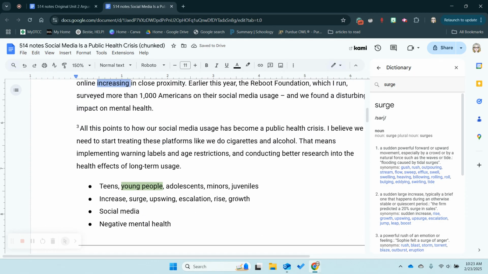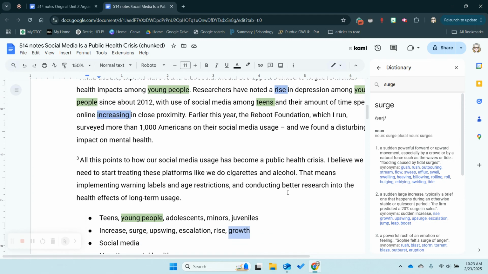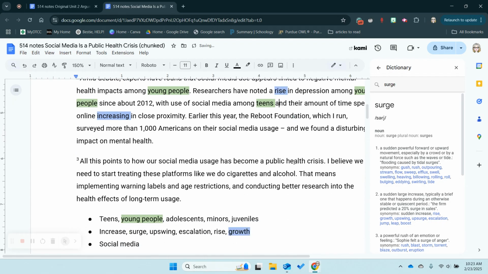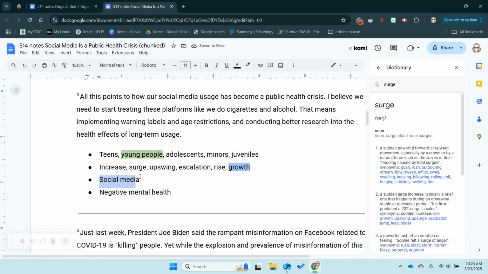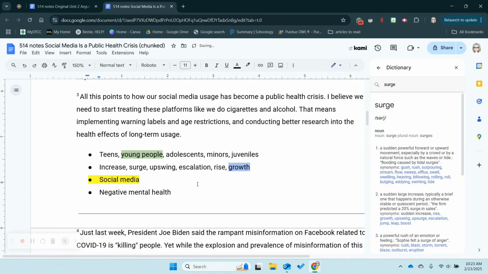Increase, upswing, growth. Does she use growth? Yeah, we can use growth, I think. Social media. We're going to use negative mental health effects.